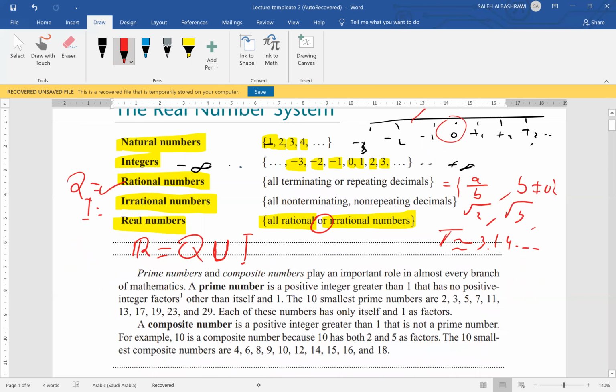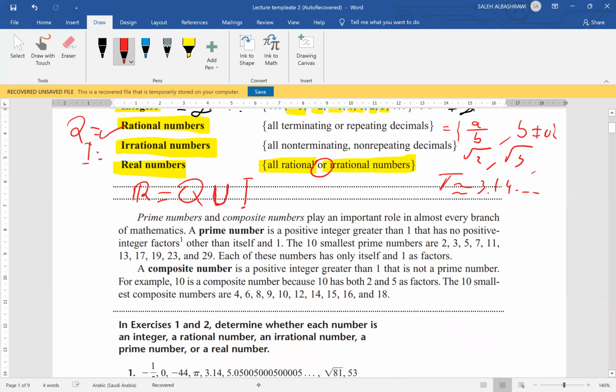Sometimes we need also to classify the numbers into different categories, different types. We have prime numbers and composite numbers. A prime number is any number that can be written as a multiplication of two numbers only as one and itself. For example, 2 is 1 times 2. 3 is 1 times 3.